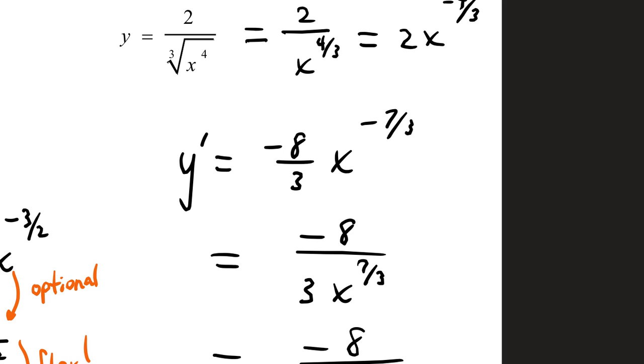And then our last example, 2 over cube root of x to the 4th. We can rewrite this as x to the 4/3. Move it to the numerator beside the 2. The 4/3 goes negative. 2 times -4/3 is -8/3. -4/3 minus 1, that's -7/3.